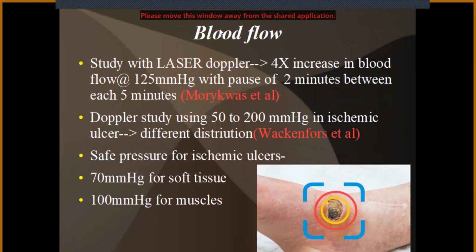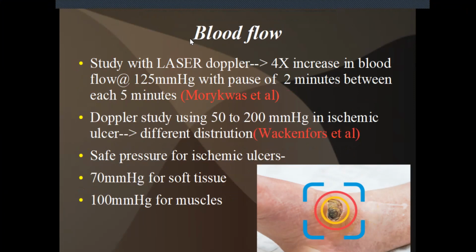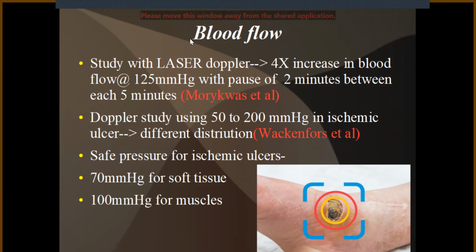Then coming to blood flow, it is study based. There are two studies with a good impact factor and level of evidence which I included. One study with laser Doppler has shown a 4 times increase in blood flow at 125 mmHg with a pause of 2 minutes between each 5 minutes.